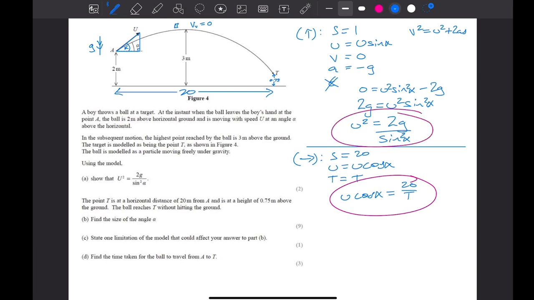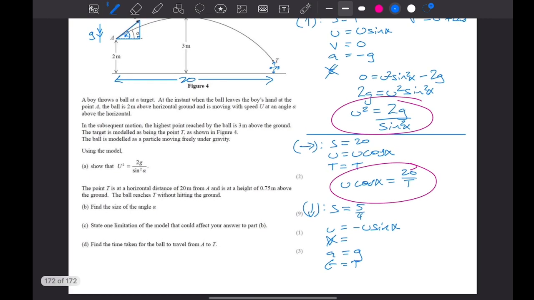And doing the vertical then, we're actually travelling down. So we'll take down to be positive. So the distance down is going to be from the 2 to the 0.75. So that's 1.25, which I'll write as 5 on 4. Initial speed, it's going up, so it's going to be negative because we've taken down to be positive, so minus u sine alpha. Oh sorry, we'll do v first, but we don't know what that is, so we're not too interested. The acceleration then, we've taken down to be positive, so that's g, and t again we'll call time.